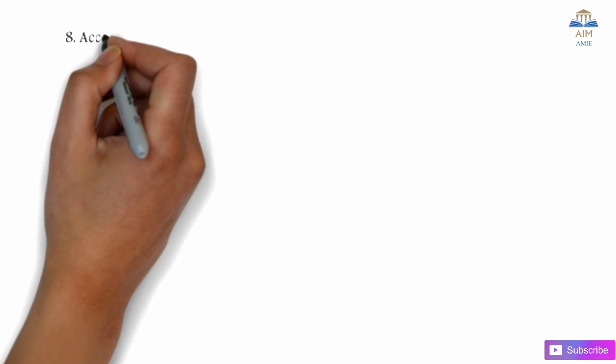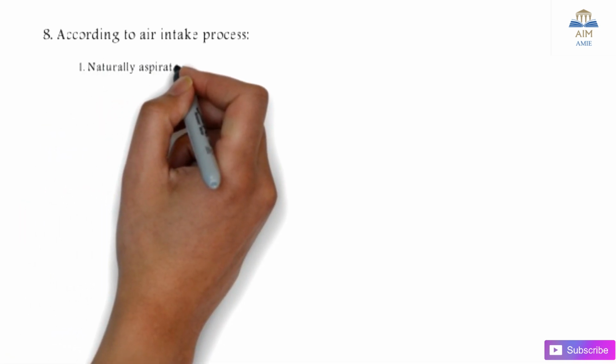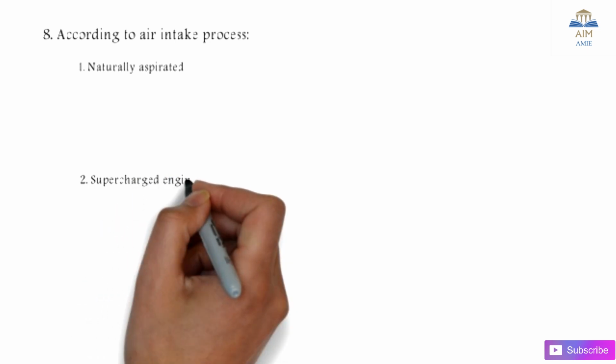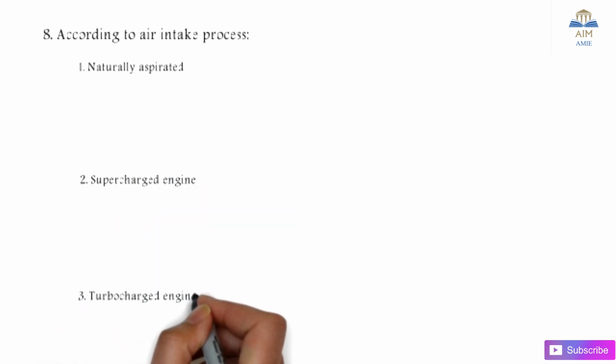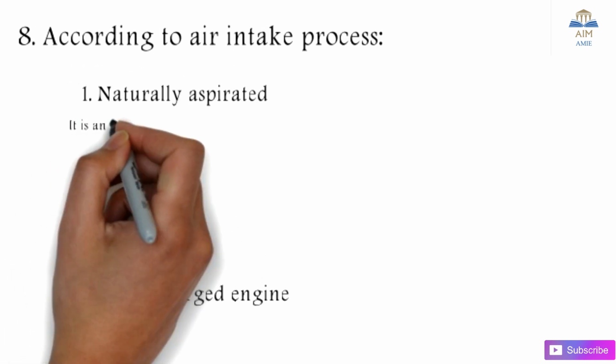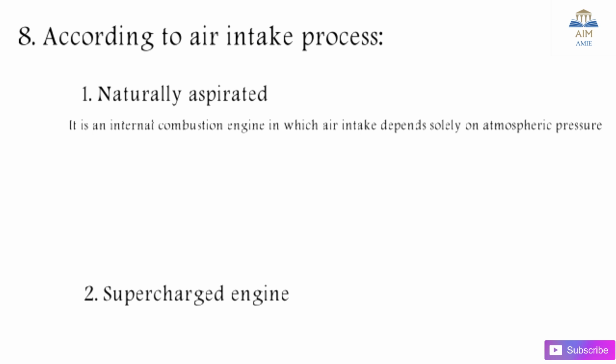So guys, the last one is according to the air intake process, that is the naturally aspirated, the supercharged, and the third one is the turbocharged engine. In the naturally aspirated engine, the air intake depends only upon natural atmospheric pressure.